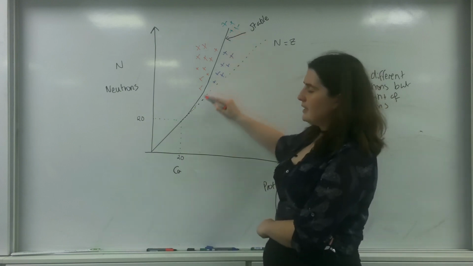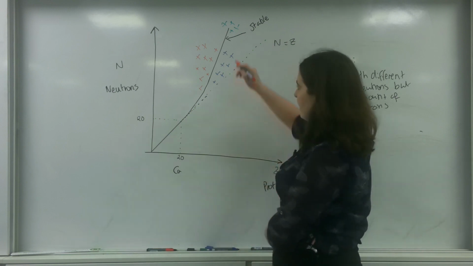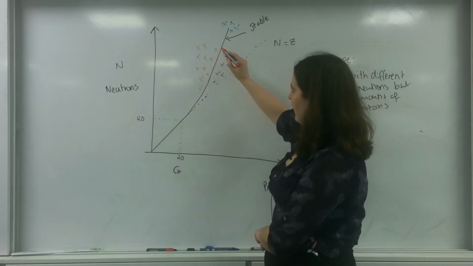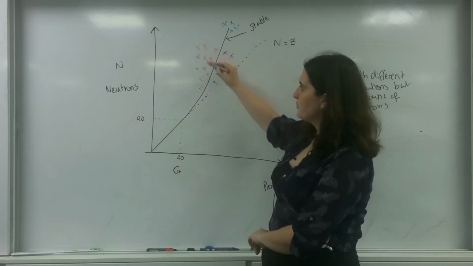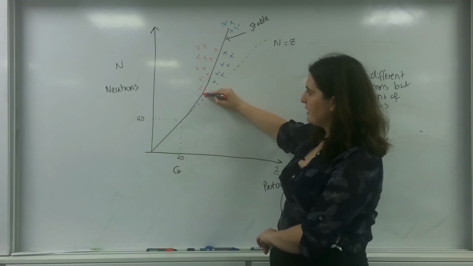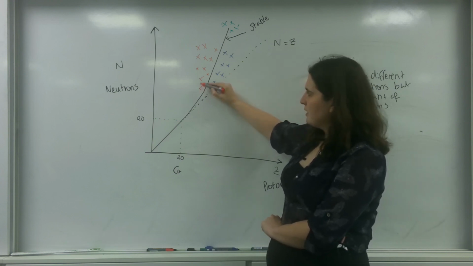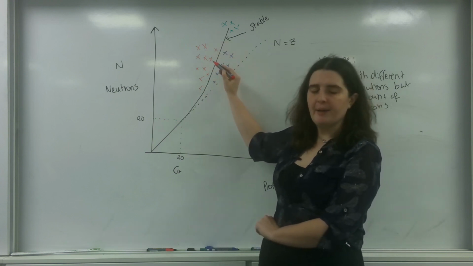So this black line is the stable line. These are the ones that you see on the periodic table. If I start having isotopes that have more neutrons for the amount of protons, so if I had this line here but I added a couple more neutrons, I would end up above it. We start being in this region here.